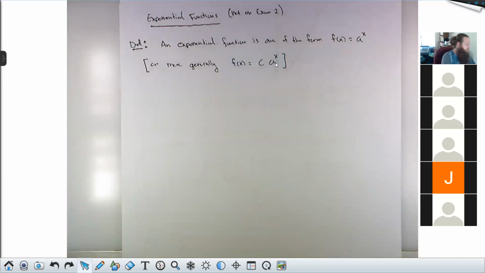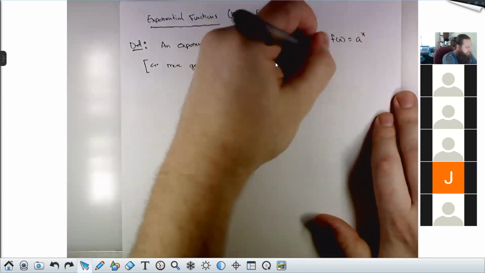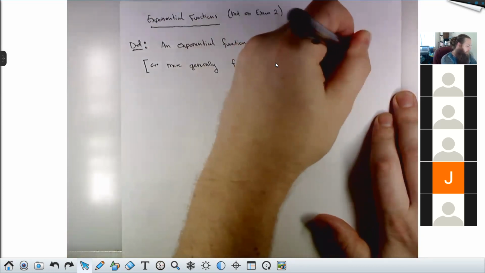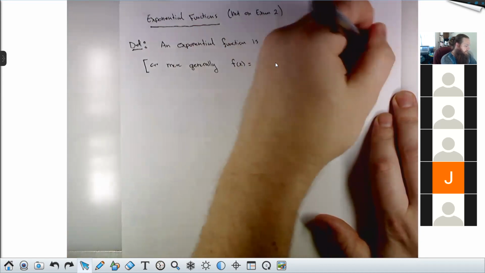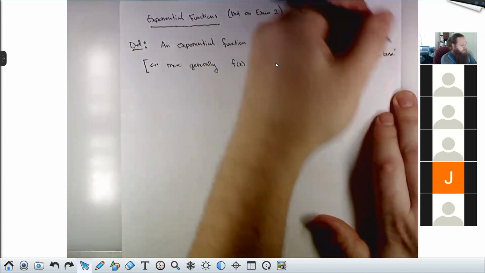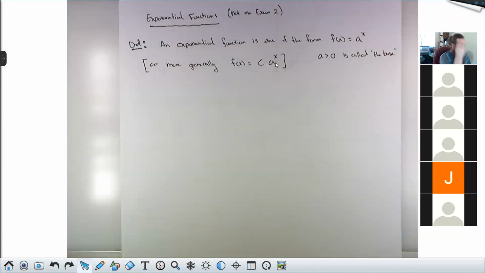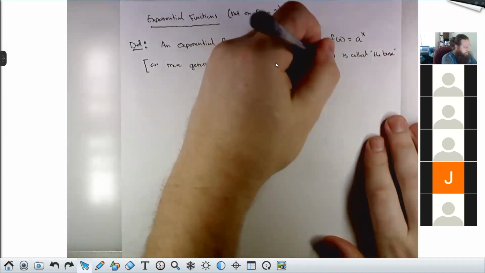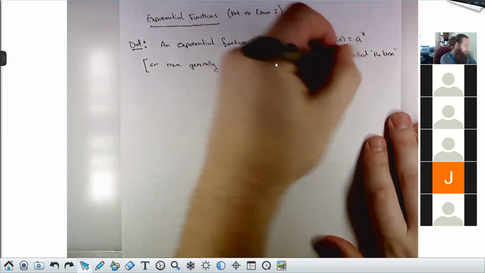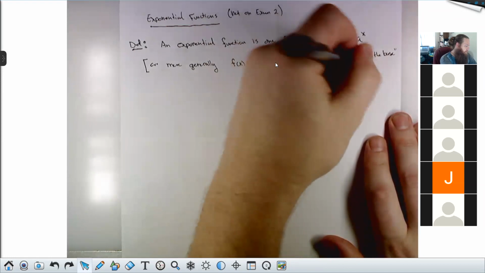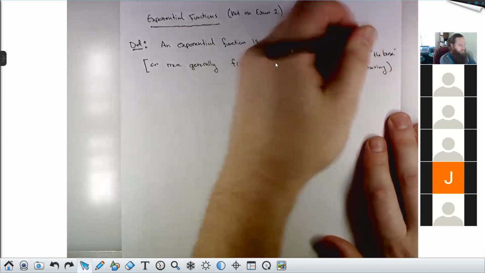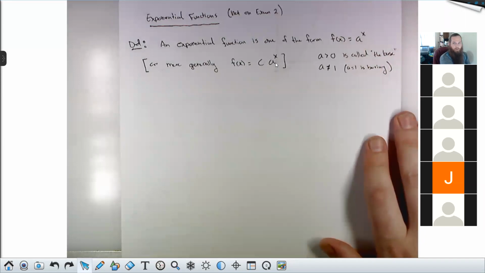All right, the number a here is called the base. It has to be positive. And we like a to be different from 1, because otherwise this is boring. Right, 1 to the x is not going to do anything special.